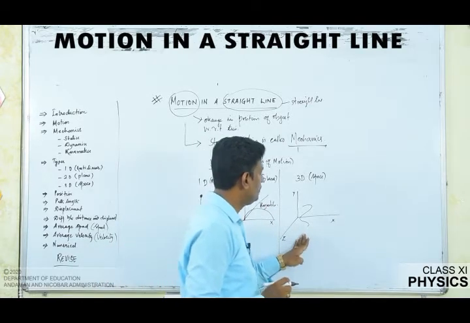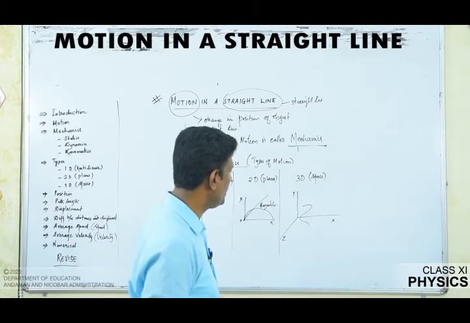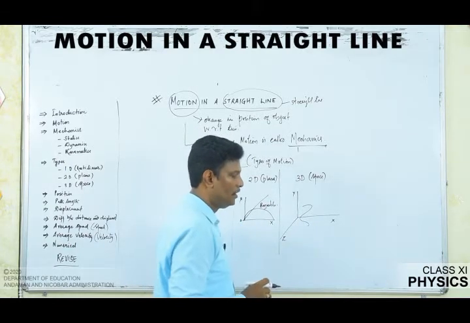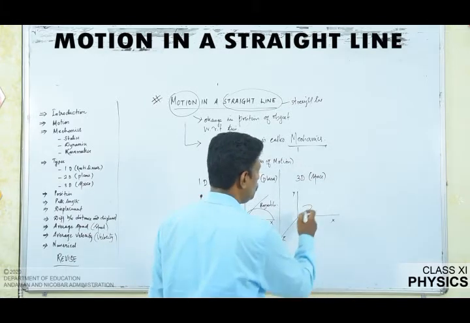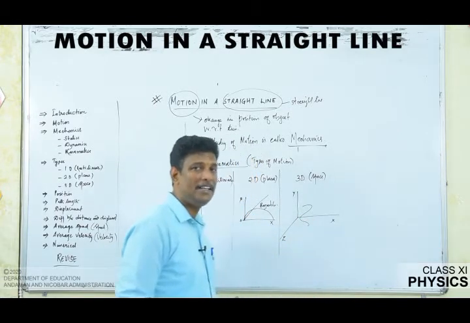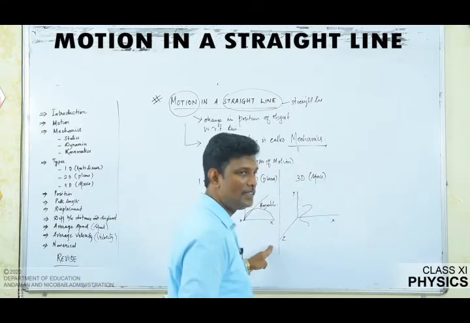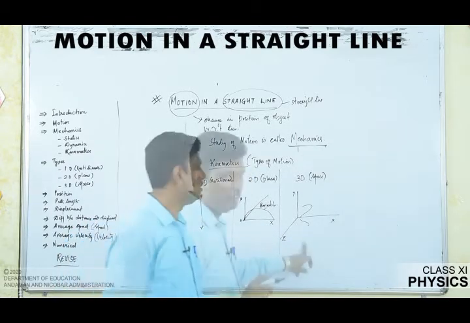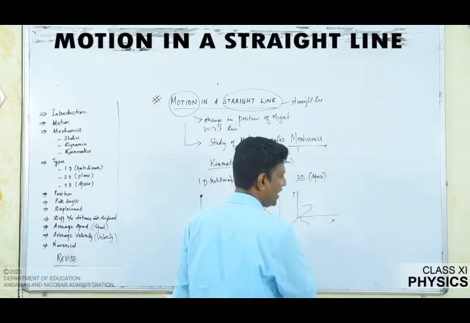The third one is motion in space, in which we consider the x axis, y axis and z axis. If a butterfly is flying in a room, the motion will be zigzag according to the x, y and z axes.